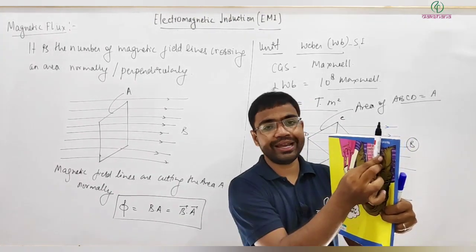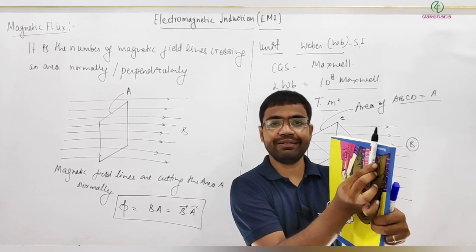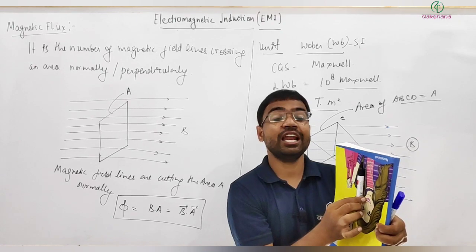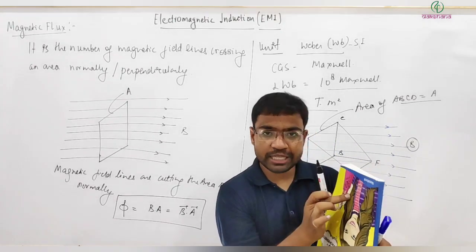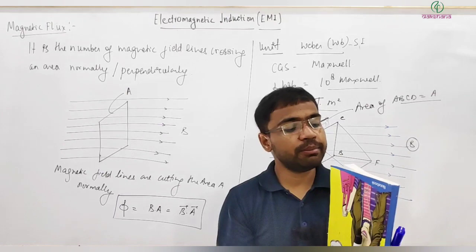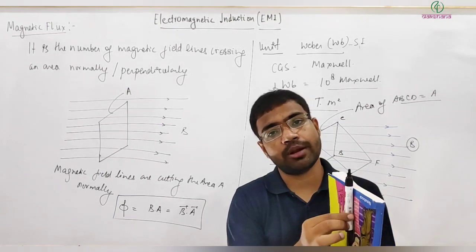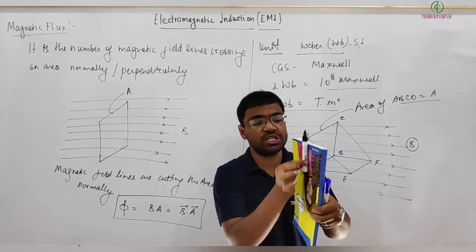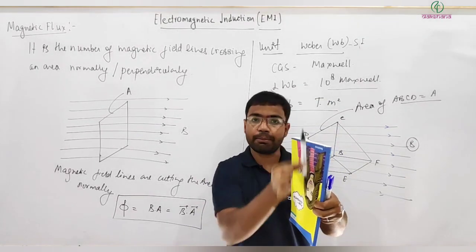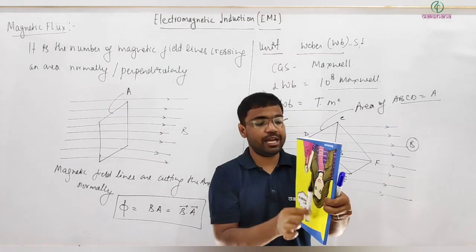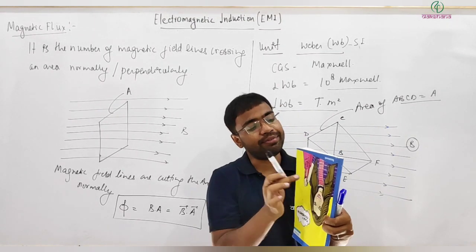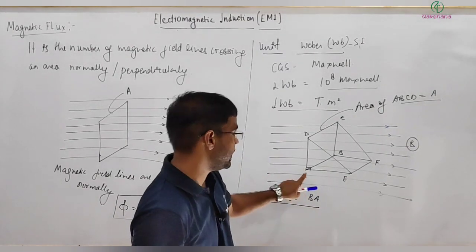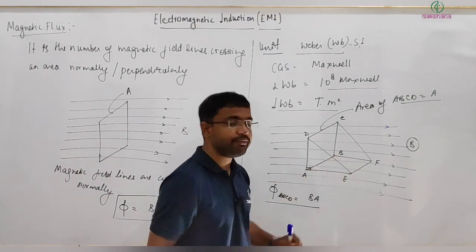If they go in this direction, no field line crosses this area, so the flux through this plane will be 0. Area is there, magnetic field is there, but because they are not crossing normally, the flux through ABEF will be 0.